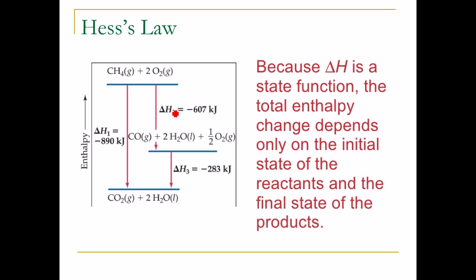Methane and O2 creating carbon monoxide and water and O2, and then a second step combining some of those into the further products of CO2 and water. Since we broke it into two steps, we would need to know the delta H of the first step and the delta H of the second step. By doing that, we can then add the two steps together to get our overall value for delta H for the reaction that we're interested in.